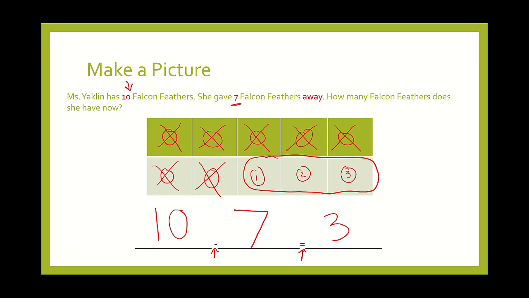So you can write the subtraction sentence, 10 take away 7 is 3. And the sentence with the minus and the equal sign says the exact same thing. It says 10 minus 7 equals 3, where 10 take away 7 is 3.